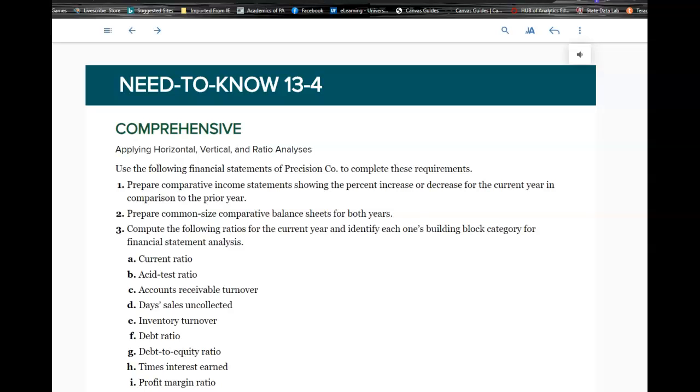So, all right. Why are we doing this? Well, one, we want to be able to compare. That's what we want to be able to do. When we look at a set of financial statements for a company, of what use are they if we're not going to be comparing it to something? If we're looking at the individual company itself, we might be comparing it with itself over time.